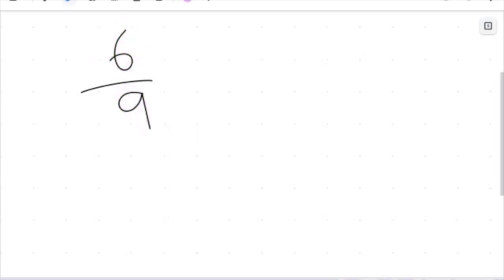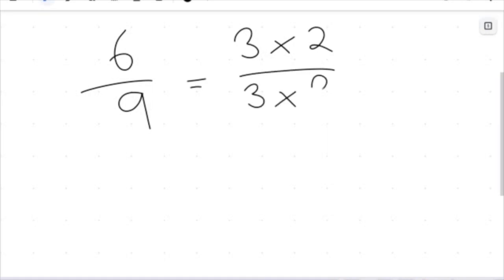It goes into both the numerator and the denominator. And what we did here is we'd say, well, cool, I know that 3 goes into both 6 and 9. So I'd say, for example, 6 we can make into 3 times 2. 9 we can make into 3 times 3.